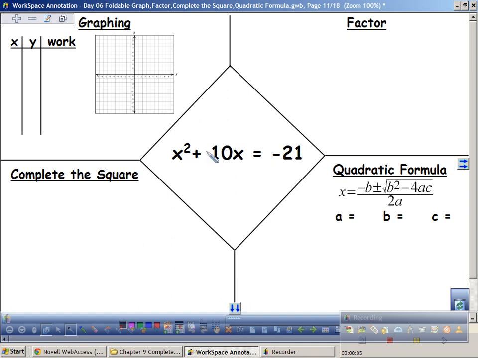Normally we would add 21 to both sides, right? But there's only one method that we wouldn't do that with. Can anybody tell me which one it is? Completing the square. Right? What's the first step in completing the square?